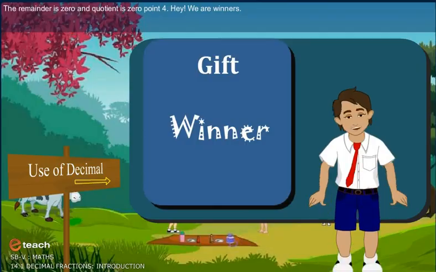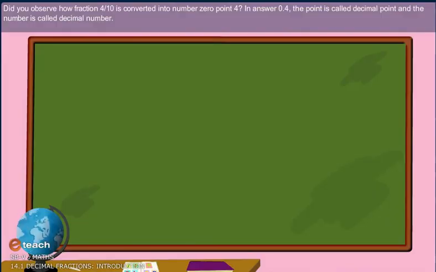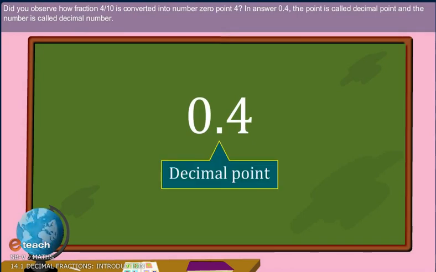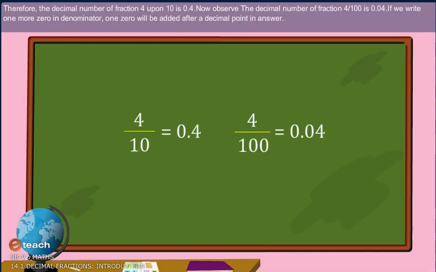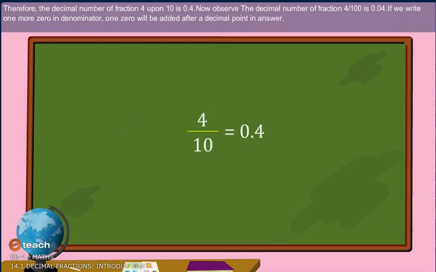Hey! We are winners! Did you observe how fraction 4 by 10 is converted into number 0.4? In answer 0.4, the point is called decimal point and the number is called decimal number. Therefore, the decimal number of fraction 4 upon 10 is 0.4.